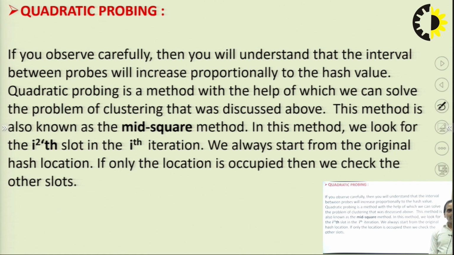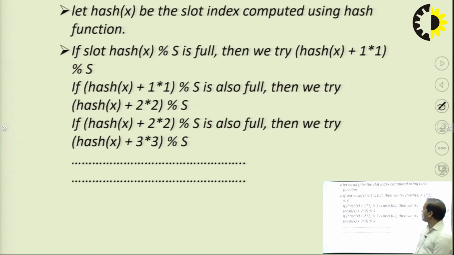This method is also known as the mid-square method. In the mid-square method, we have to use a function like this. This is the iteration method, and we use the ith slot in the ith iteration. We always start from the original hash function. Only if the location is occupied do we check the other slot.